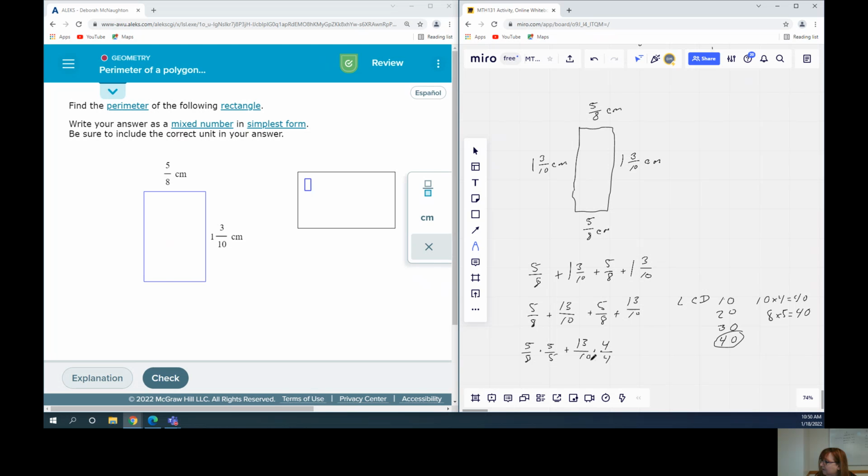That's so that I get 40 in my denominator when I multiply those. 5/8 times 5/5 plus 13 tenths times 4/4.